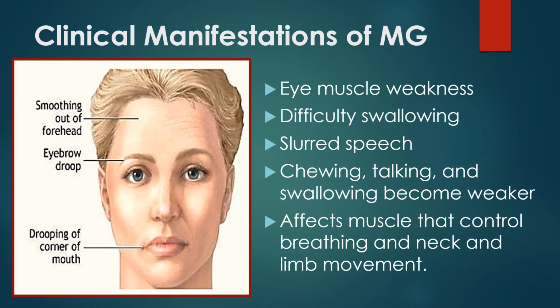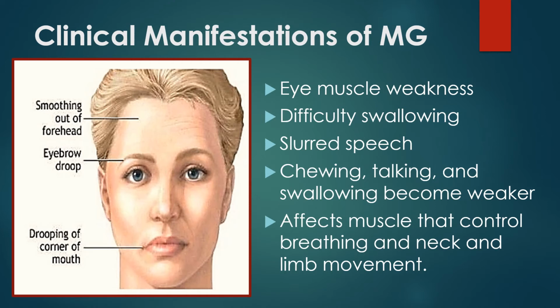MG is categorized into ocular, bulbar, or generalized presentations. Patients will often pursue medical care for muscular weakness and fatigue. 2/3 of patients with MG present with ocular symptoms, specifically ptosis, which is drooping of the eyelids, and diplopia, which is double vision.